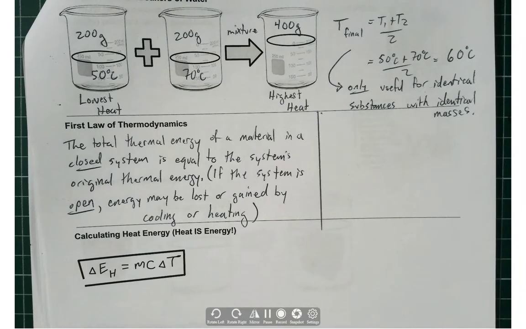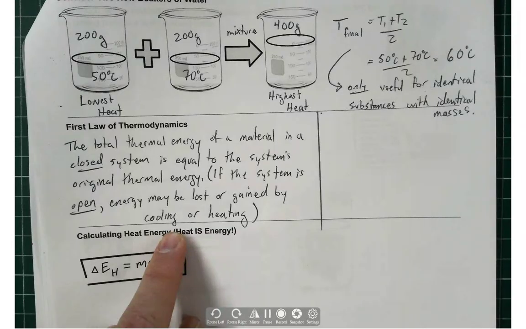Think about a brand name coffee mug, doesn't matter if it's Stanley or Yeti or Thermos. If the lid's not on there, it's a less contained system, and energy is going to come and go. I almost burned my mouth this morning because I made my coffee at 7 o'clock and didn't take my first sip till 8:30, and the lid was still on.